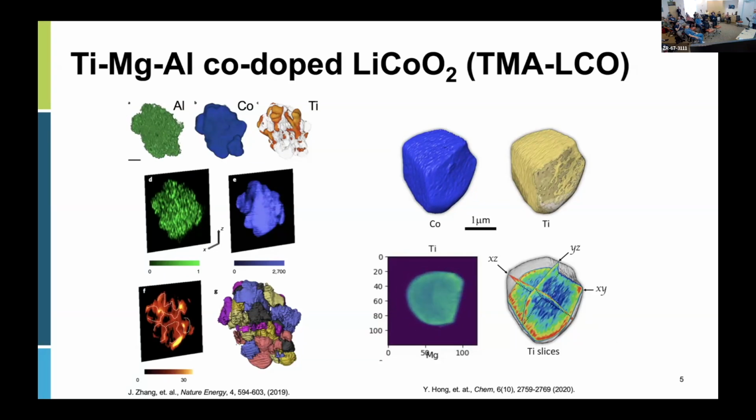And we also did a 3D measurement from one single primary particle for the same system, and we observed very similar behavior. The titanium tends to concentrate on the particle surface.